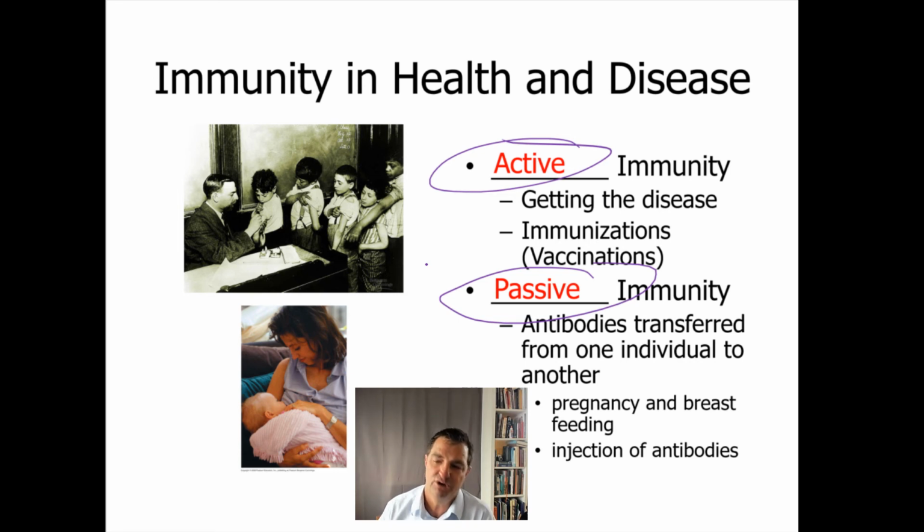It has its ability to do it. And you can get that two ways. You can get the disease, whatever that is, and then if you live from it, you now can make the antibodies. And the idea is that once you've seen it, you can make antibodies and you won't get sick again. Or you can get immunizations or vaccines.